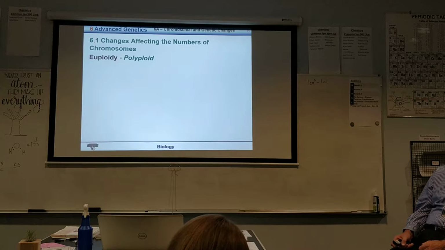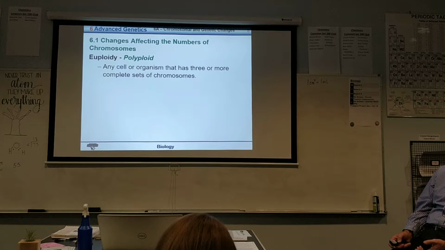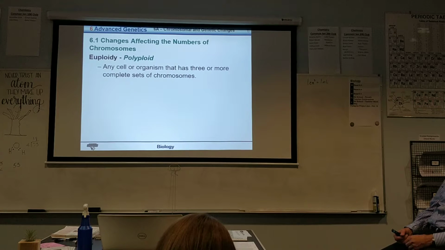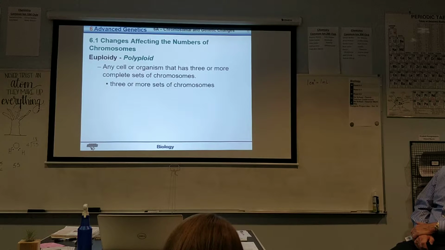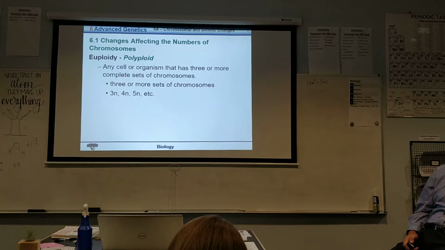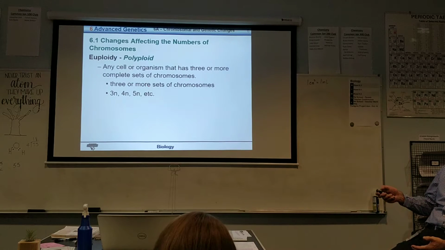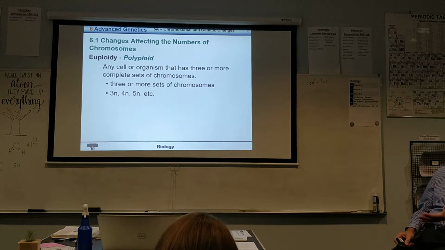So we'll take that topic of euploidy, and now we're going to talk about polyploidy. Any cell or organism that has 3 or more complete sets of chromosomes is an example of an organism that is polyploid. So in other words, each set, remember, a set is N. They have 3N. But since it could be more than that, it could be 4N, 5N.